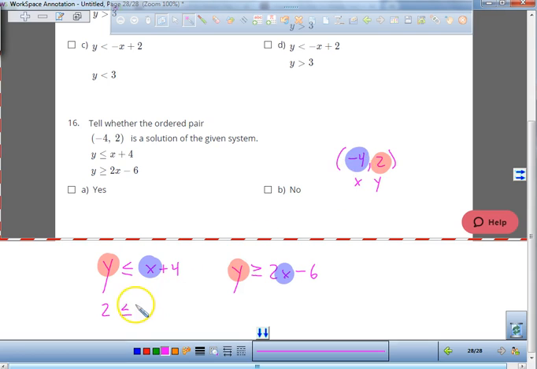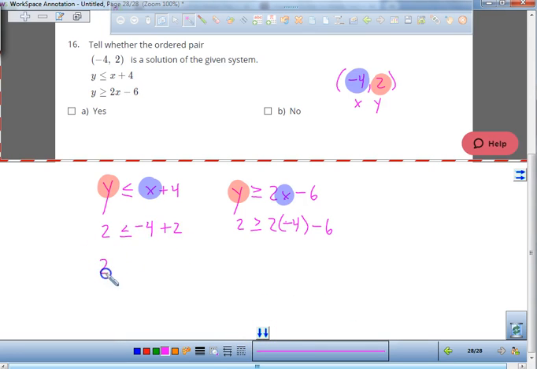What goes here? -4. 2 goes here. 2 times -4 minus 6. Is 2 less than or equal to... Oh, it's supposed to be a 4.